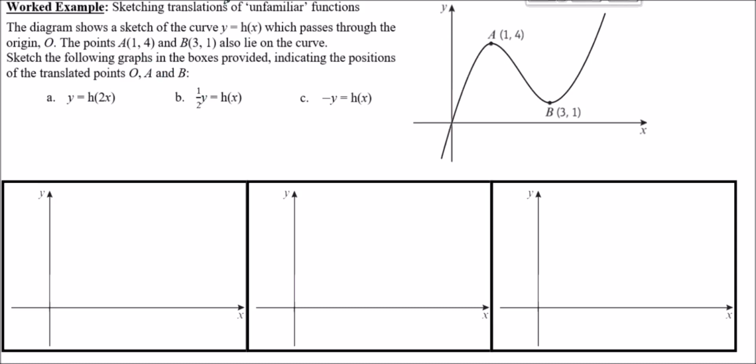So the first one, we need to sketch h of 2x. So again, if you look here, this change is inside these brackets. So what's going to happen here is that this is going to be a stretch parallel to the x-axis, but the x-coordinates aren't going to be multiplied by 2, they're going to be divided by 2. So it's a stretch scale factor a half.